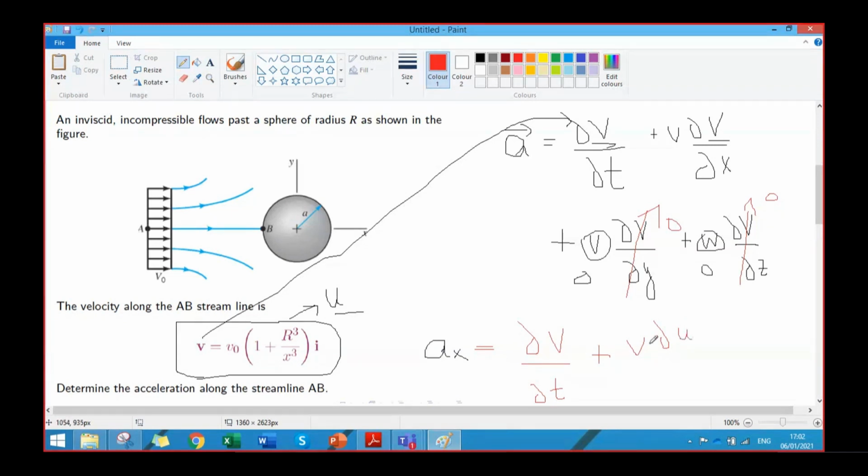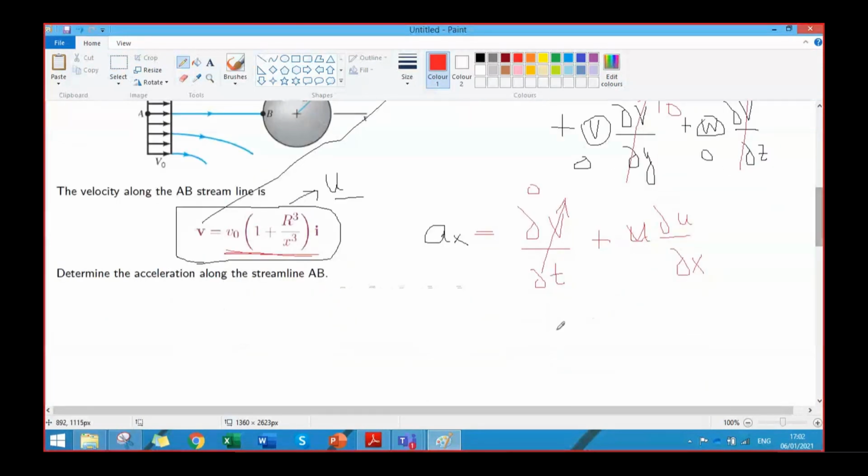In the given function, is there any time dependent term? No, sir. Which means partial u by partial t would also be 0. So the only term left is ax equal to u partial u by partial x.